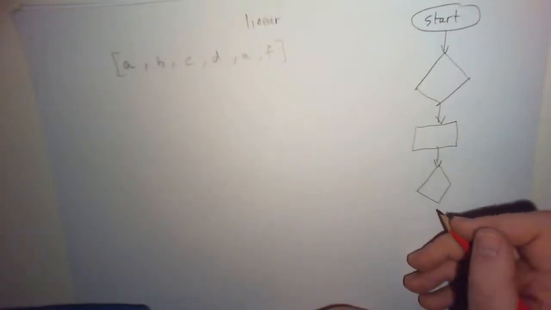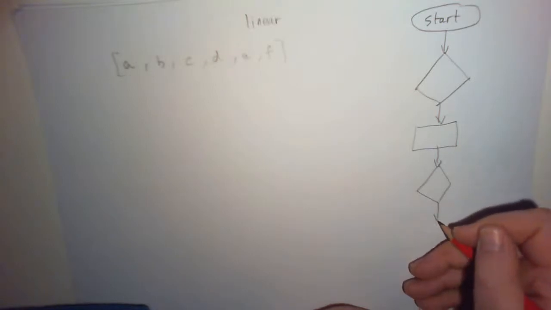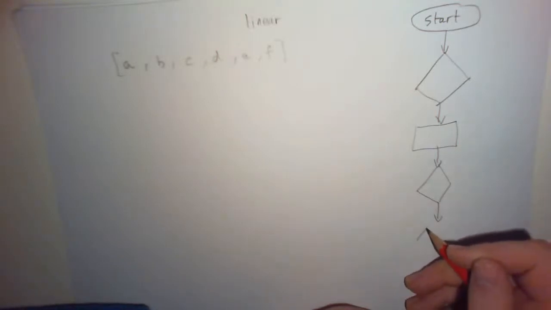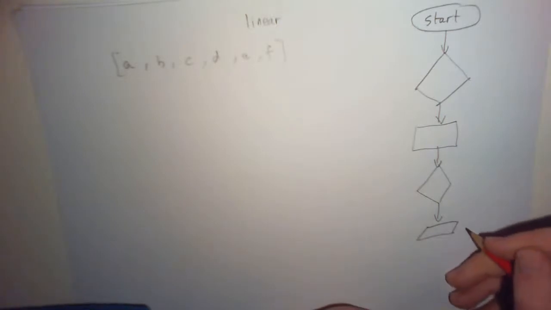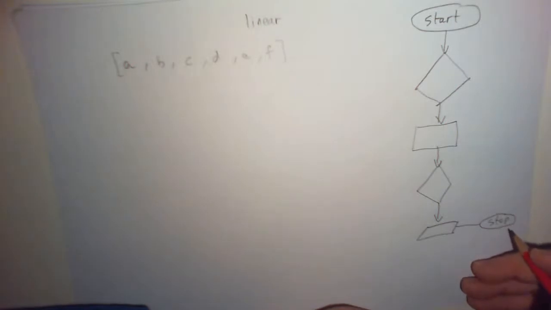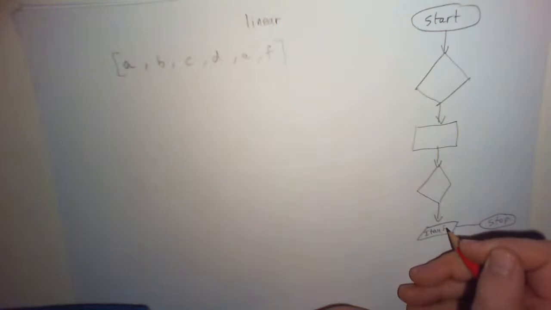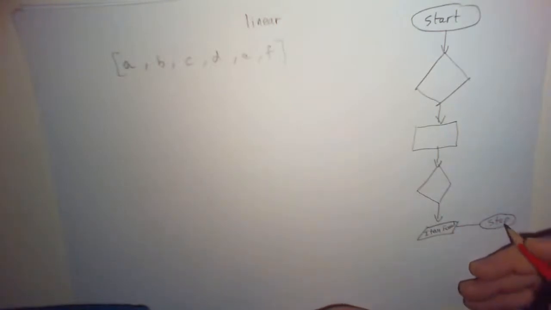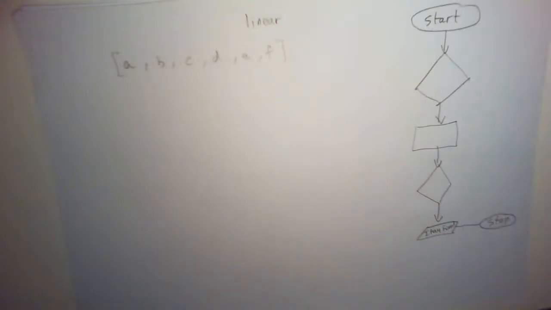So if we do eventually get to it, then we need some type of output, and then probably a stop. Okay. Item found. Stop.